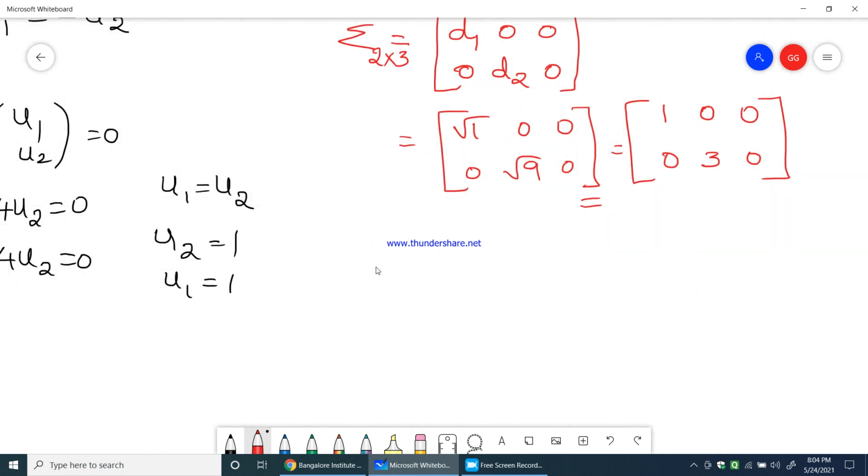You write the final form as u sigma v transpose, replacing u, sigma and v transpose with the values found earlier. That is the final solution and the end of this particular problem.